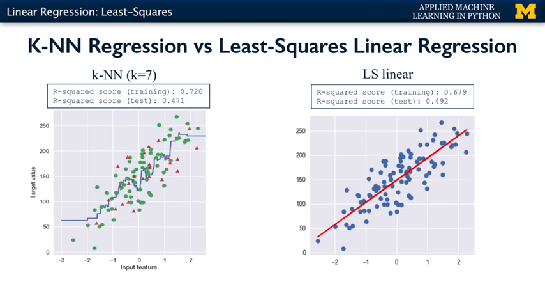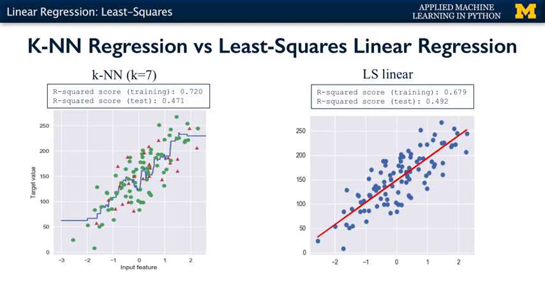The k-nearest neighbor regressor doesn't make a lot of assumptions about the structure of the data and gives potentially accurate but sometimes unstable predictions that are sensitive to small changes in the training data. So it has a correspondingly higher training set R-squared score compared to least squares linear regression. KNN achieves an R-squared score of 0.72, and least squares achieves an R-squared of 0.679 on the training set.